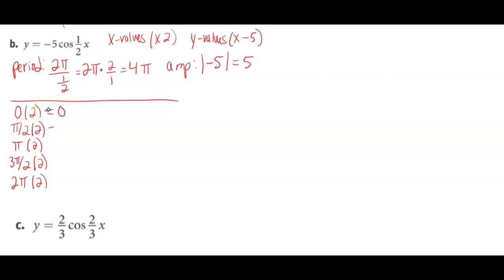So we get 0, pi, 2 pi, 3 pi, 4 pi. And then my y values, remember, we start with 1, 0, negative 1, 0, 1. And here A is that negative 5. So we're going to multiply all those y values by negative 5.